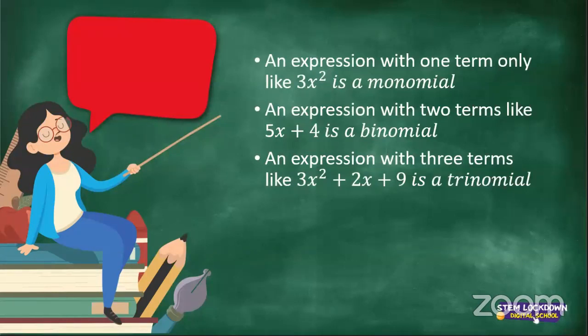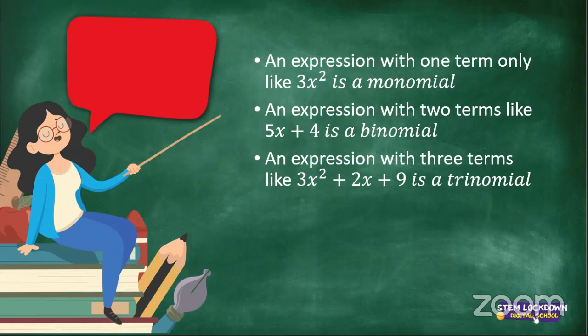We call the expression a trinomial because it has 3 terms, and these terms are 3x squared, 2x, and 9. So those are the expressions which I want to talk about this morning. I'm talking about the monomial, the binomial, and the trinomial.